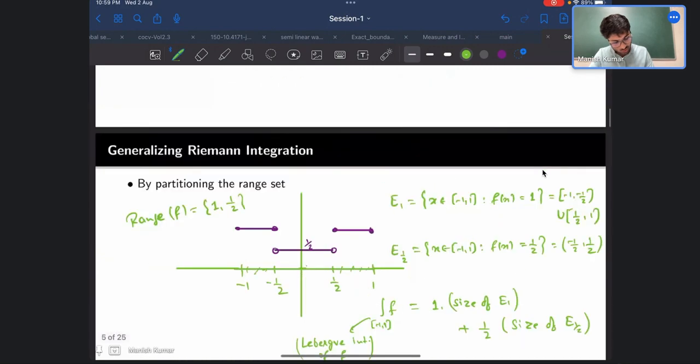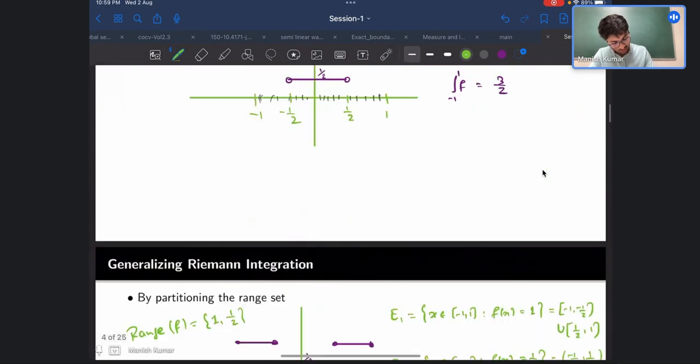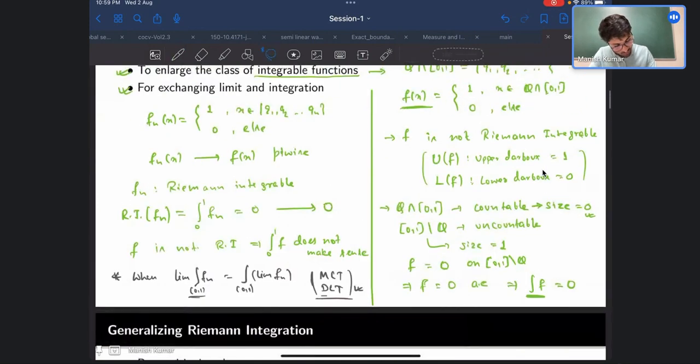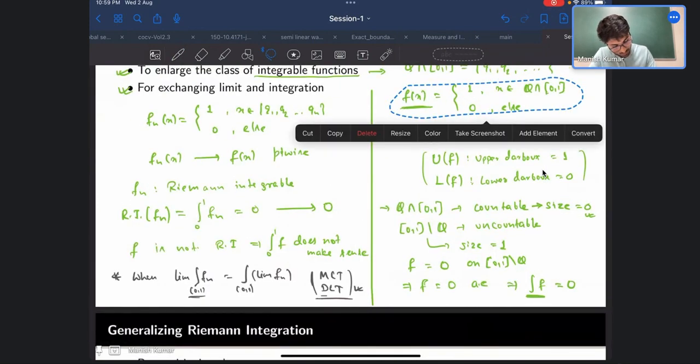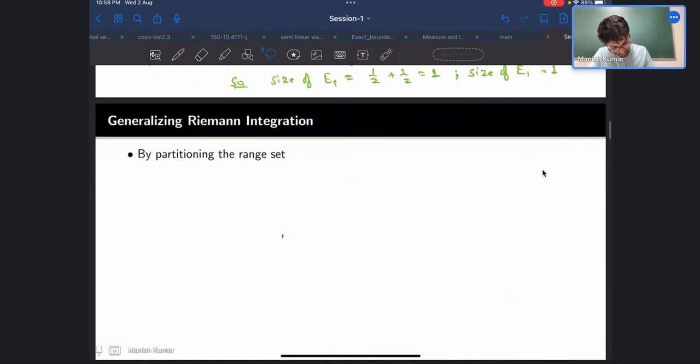Now suppose you choose this function, okay, so let me write this function again. I'll just copy it from here. Suppose you had this function.